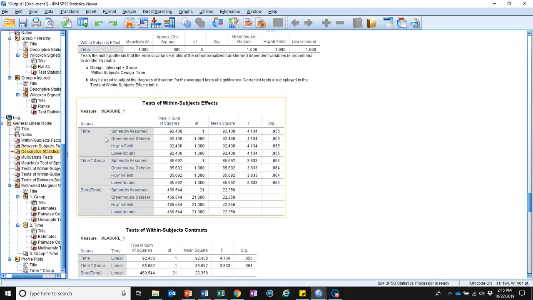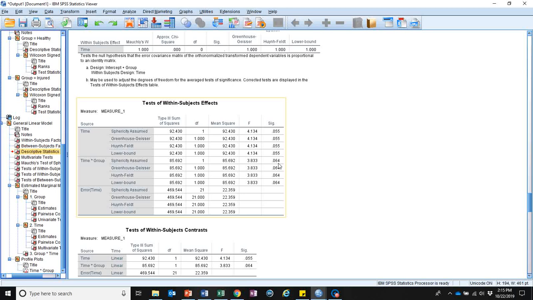Now, if we look at this, this is the main effect for time, but what I'm most interested in is this value right here, this time by group. So we're going to assume sphericity, and we're going to look over here, and our significance is so close, but not significant.